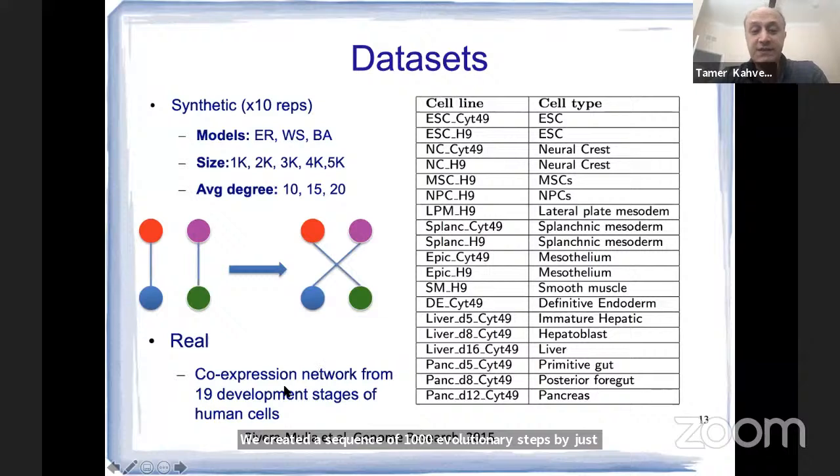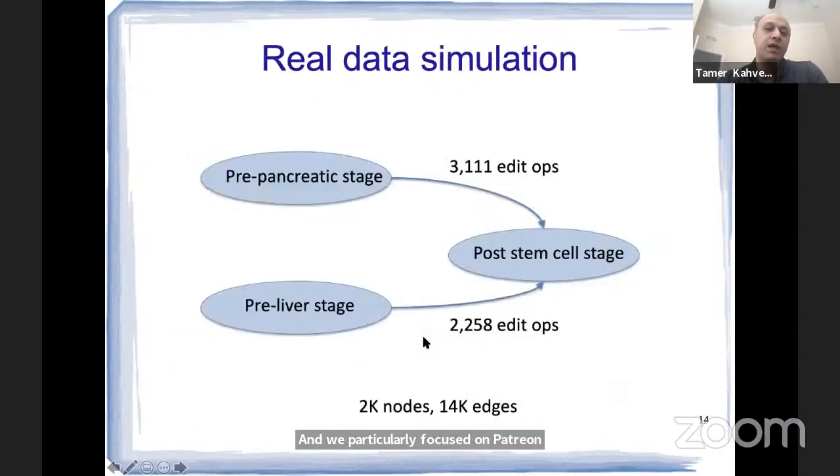For the real data set, we use a data set that we generated in one of our previous papers. So this is a data set from human embryonic stem cell and its evolution into different tissues. And we particularly focus on pancreas and liver. So there are two pathways of evolution from stem cell to pancreas, stem cell to liver in our data set.